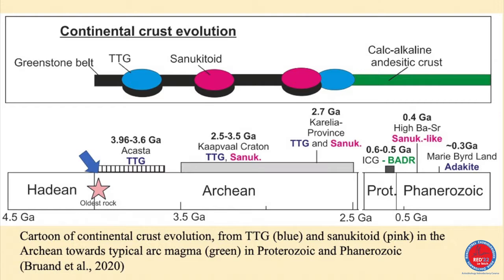And next we have also TTGs together with sanukitoids in the Kaapvaal craton. So you know, TTGs stabilize the cratons, so they are crucial for us to understand the process of early crust extraction.